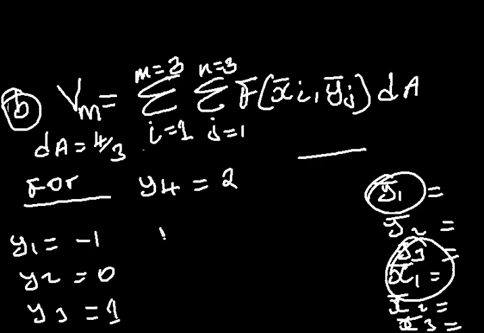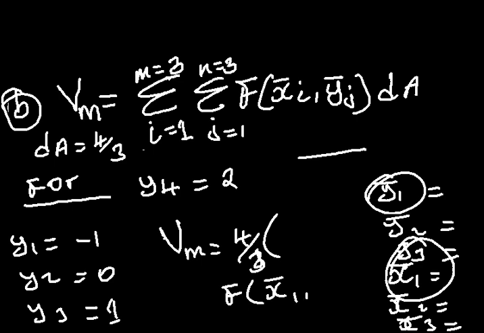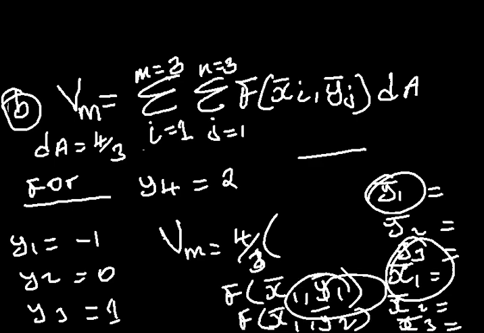The volume using the midpoint will be given as delta A, which is 3 over 4, times the combination of f of x1 bar, y1 bar, also f of x1 bar, y2 bar, and continues the same way we discussed for the left endpoints.